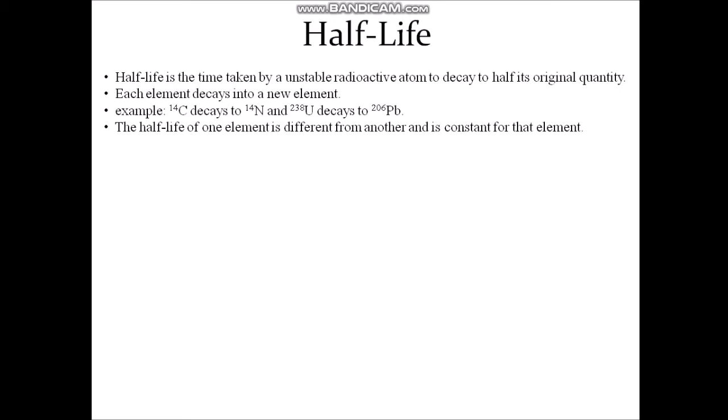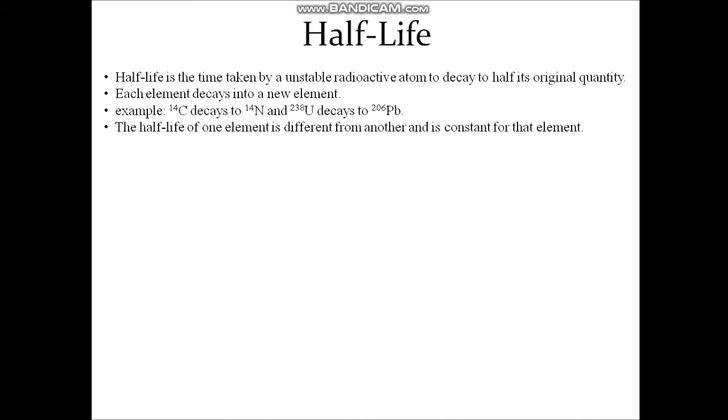And each element decays into a new element. Now, why a new element? It's because this radiation occurs in terms of alpha rays or beta rays coupled with gamma rays. Like we know for gamma rays, there's no loss in mass number and no change in the number of protons.